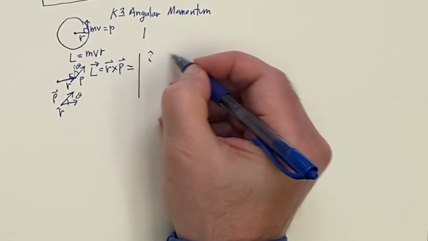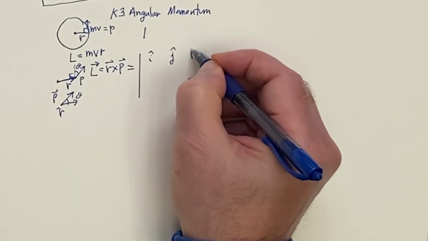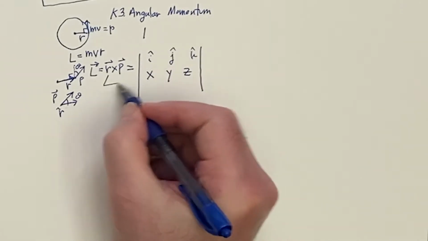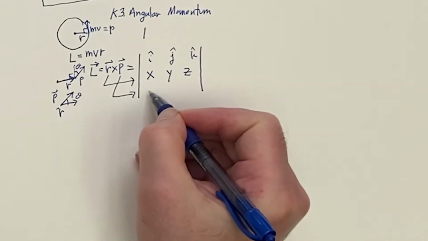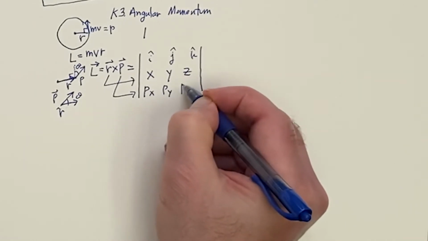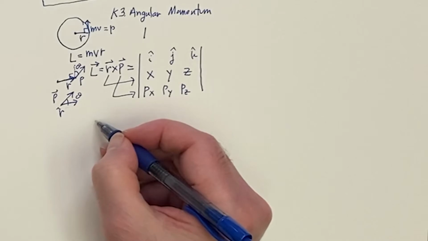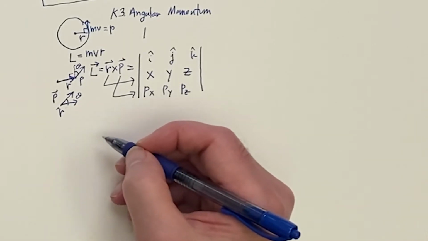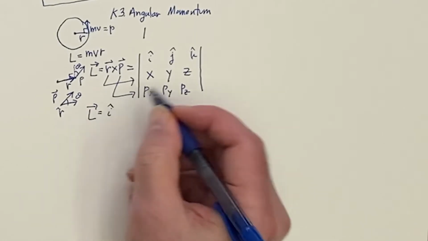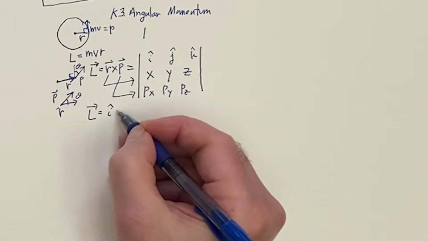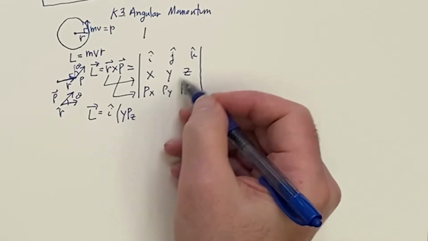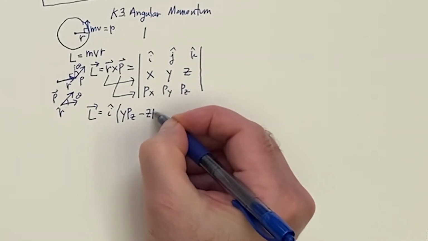So we'll use the determinant form for the cross product. This is x, y, z, that's your r vector, going to be in this one, and then the p down here will be px, py, and pz. So when we work this out, we're going to get here i hat: these get multiplied, y times pz, and then these get multiplied, minus z py.